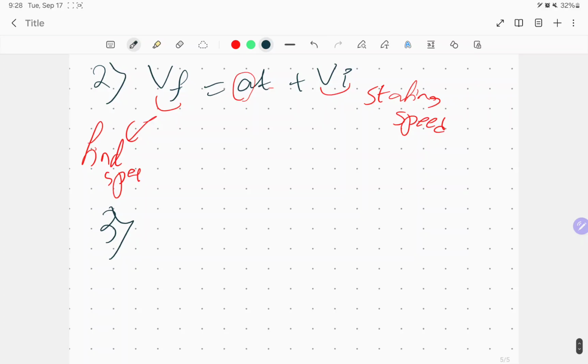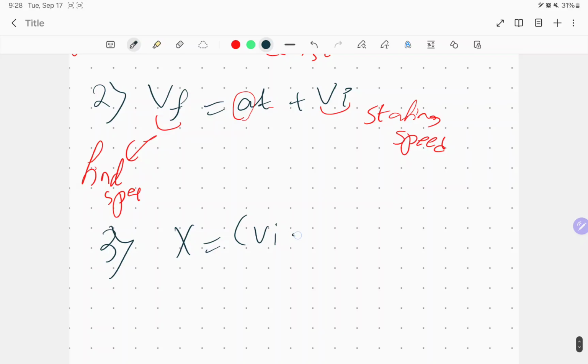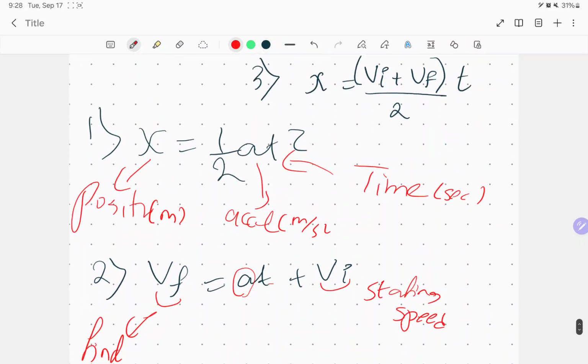Third one, which I'm going to use: x equal to v initial plus v final multiplied by t over 2. When do I use this rule?